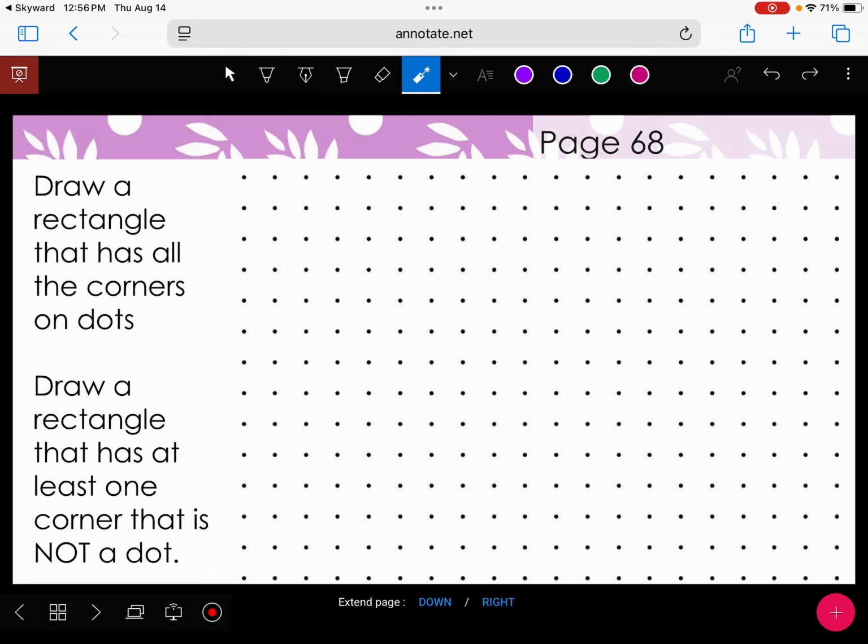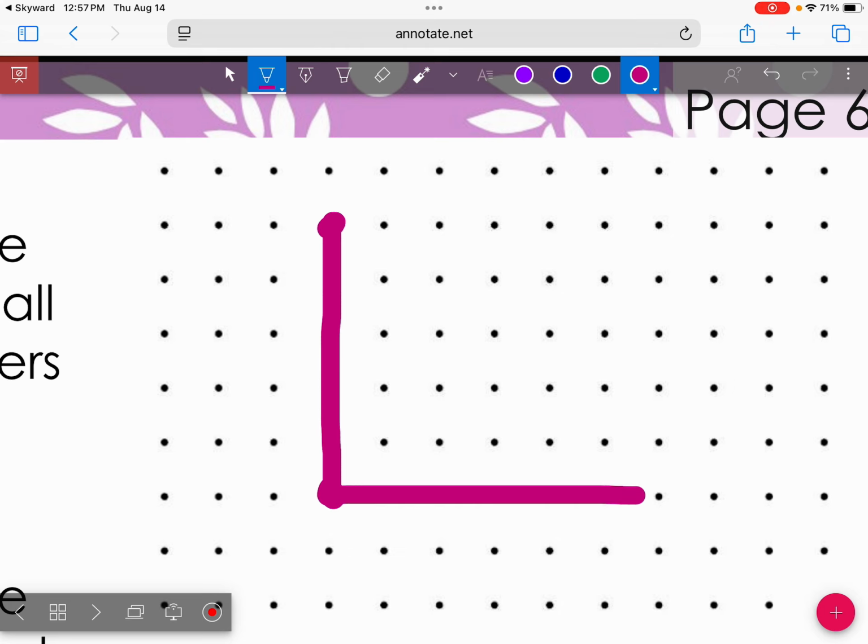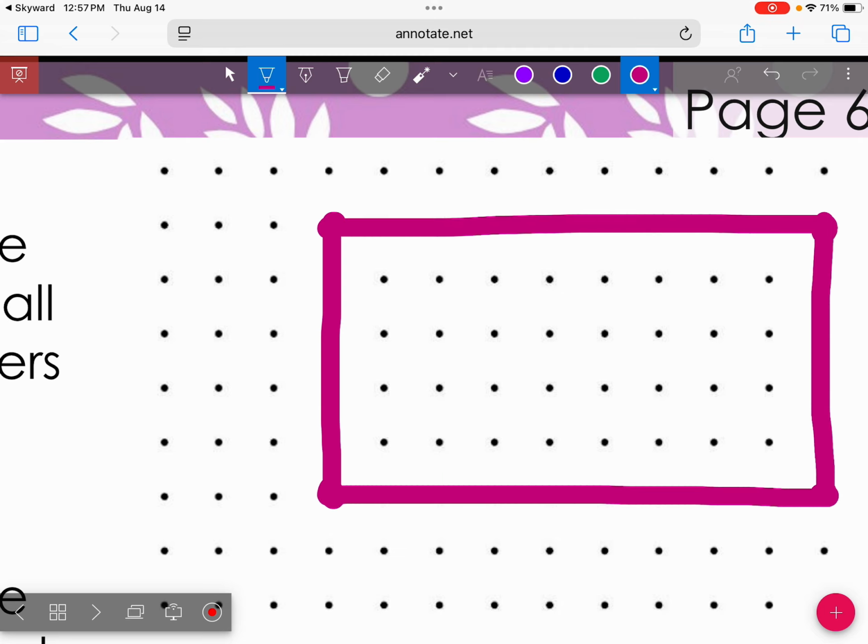You have 2 pages, so no more than half a page. Like a rectangle that has all 4 corners on dots. So like on a dot, on a dot, on a dot, on a dot. That's what I mean by all 4 corners on dots.